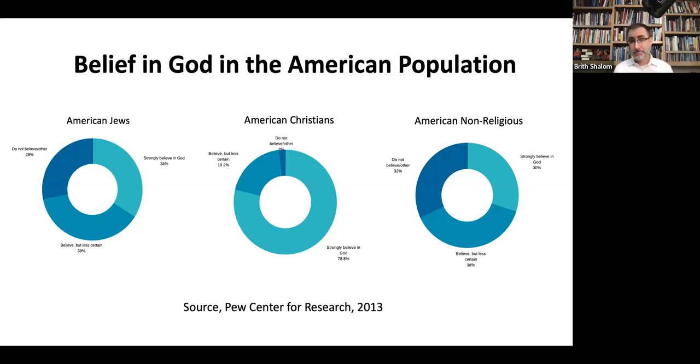So 32% don't believe, which makes a lot of sense. 38% believe, but are less certain. And 30% strongly believe in God. So one third of non-religious Americans strongly believe in God. That's a surprising statistic. So how do we compare American Jews to American non-religious people?